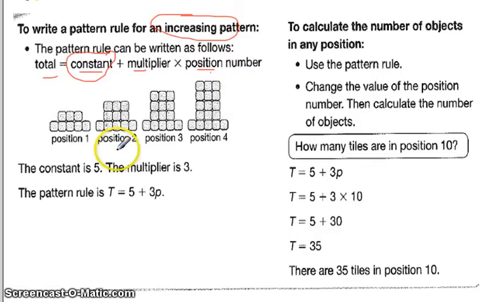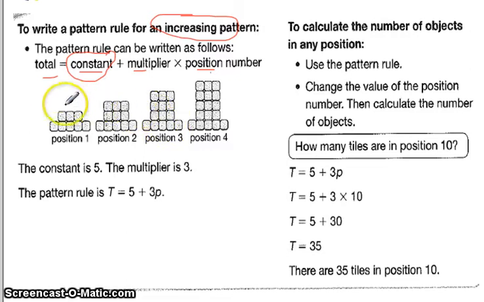How many months is the car going to be financed for? 4 months, 12 months, 2 years, which is 24 months, or 36 months. We can calculate our total cost of financing by changing the number of months. The multiplier would be basically the cost of the car, for example. In this case, we're looking at number of tiles.